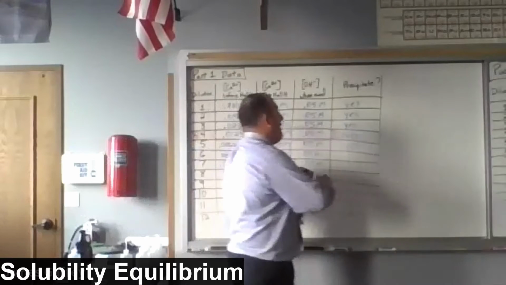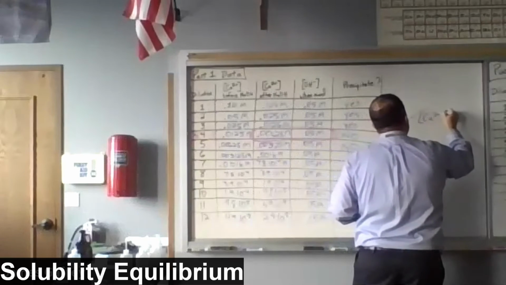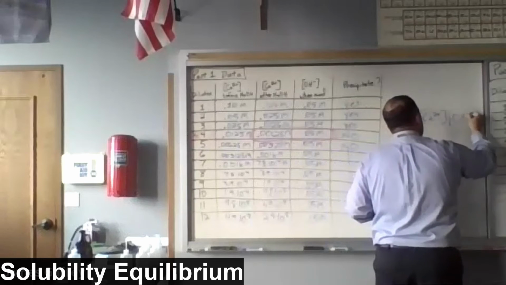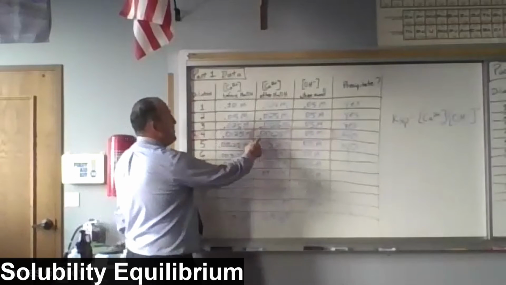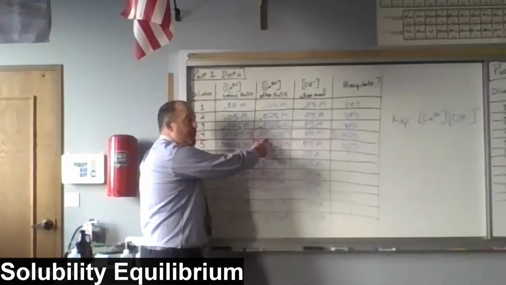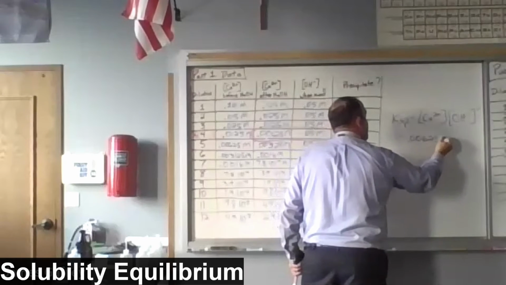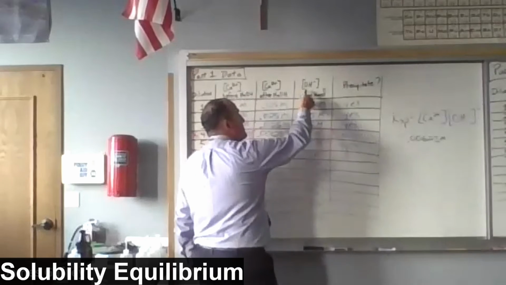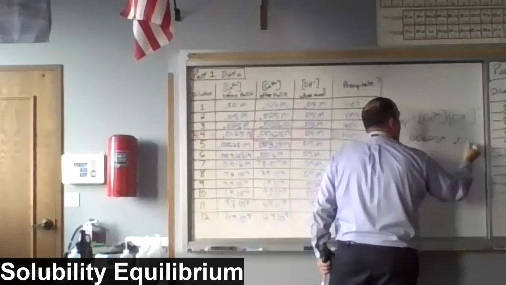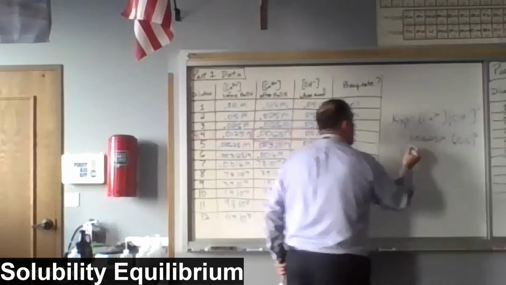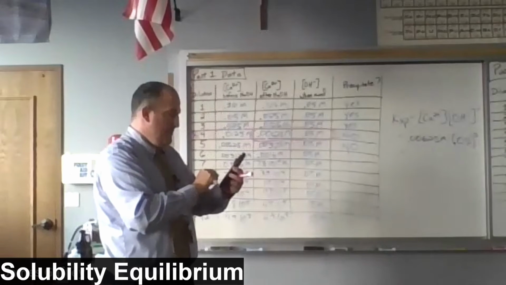Since we know that our expression for KSP for this reaction is the concentration of calcium times the concentration of hydroxide squared, and we've got a concentration of calcium in well 4 of 0.00625 molar and a concentration of hydroxide of 0.05 molar. Don't forget to square that. We're simply going to plug that into the calculator and see what our value for K is.